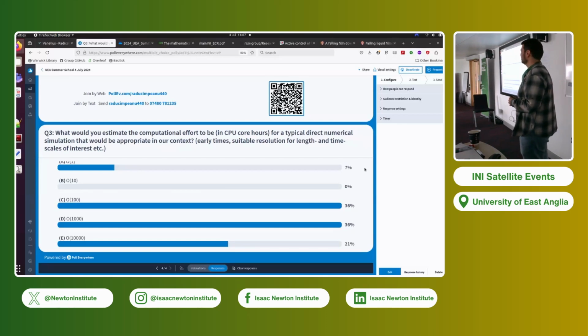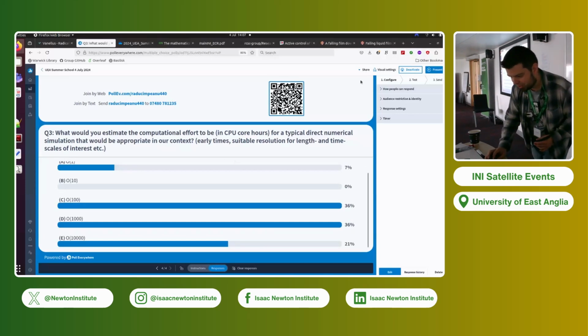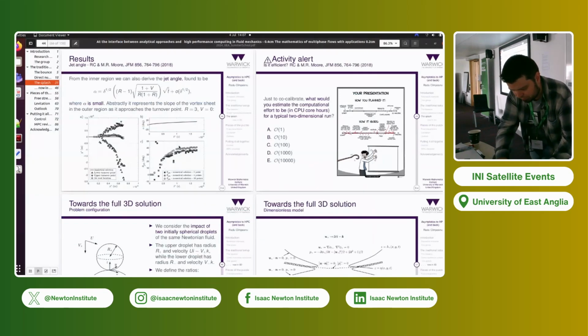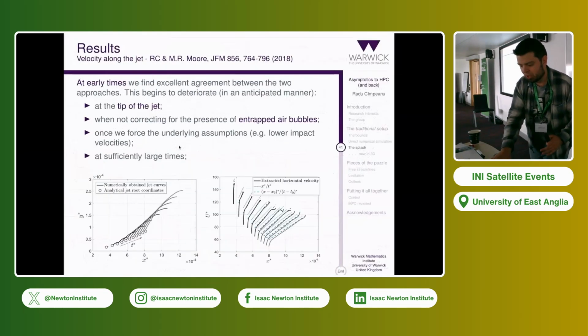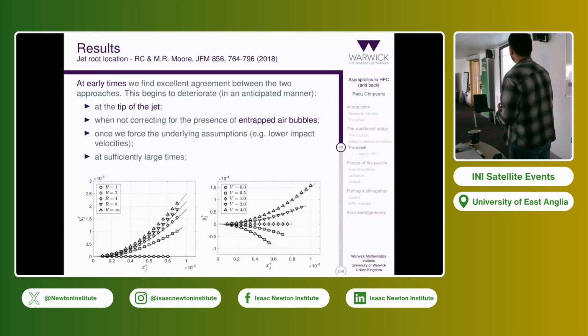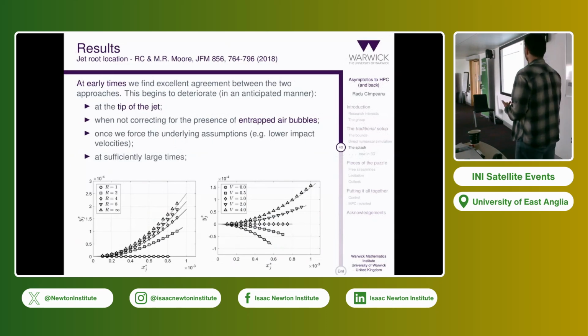Any guesses? Yeah, it's in the kind of 50 to lower hundreds of gigs, depending on how difficult the case is. And then you have to take into account, so I'll deactivate this and jump back, that in order to do comparisons of this type, where you have different radii, different velocity ratios, and so on, for each of these we needed external hard drives to store these and run these properly.